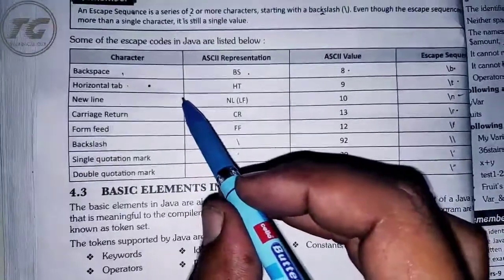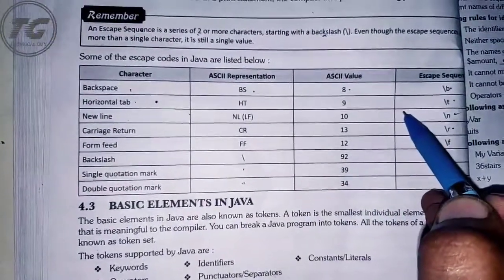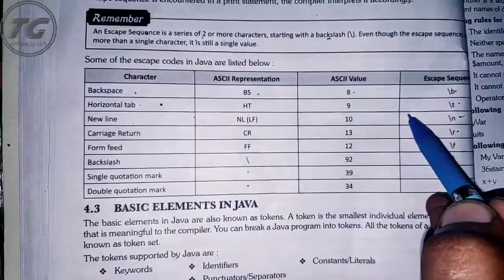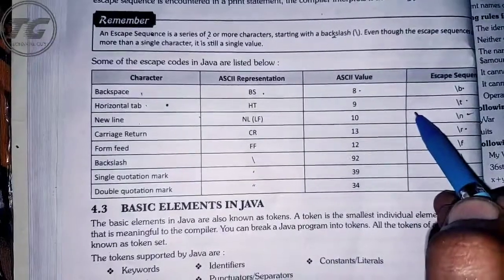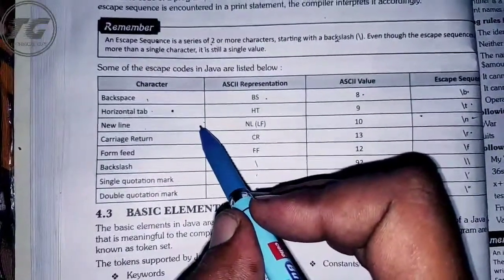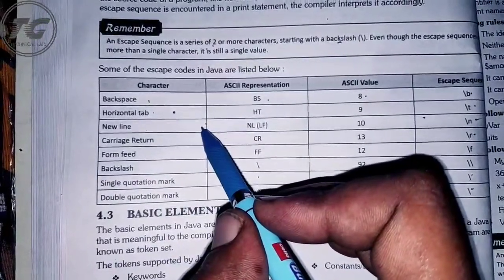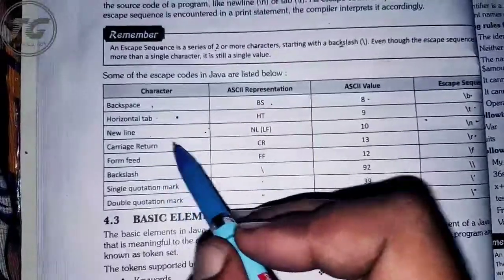Carriage return is when you are printing something in a line and your cursor is here, and after that you want to move the cursor back to the beginning of this line without erasing anything. Then the cursor will come back to the beginning of the current line without erasing anything.